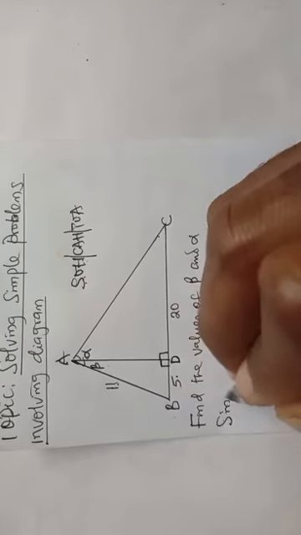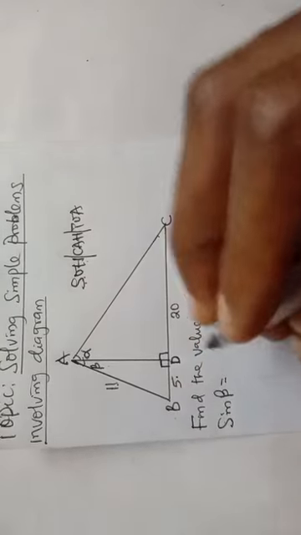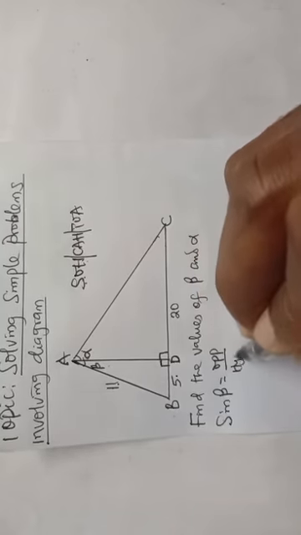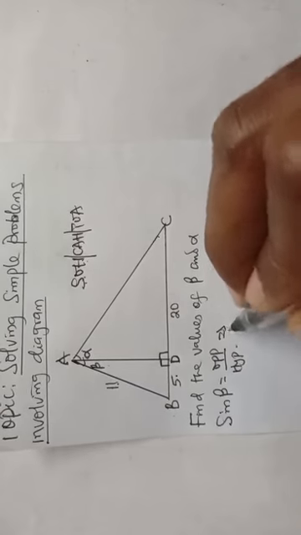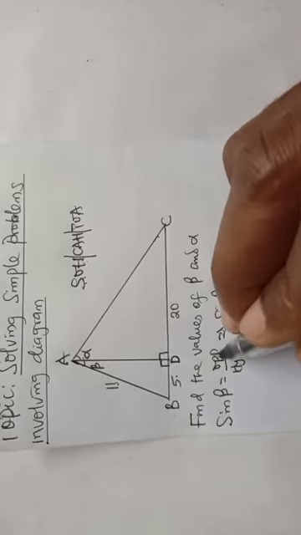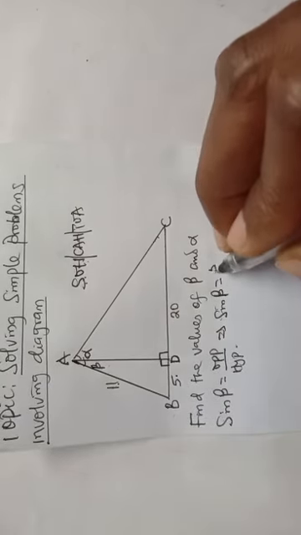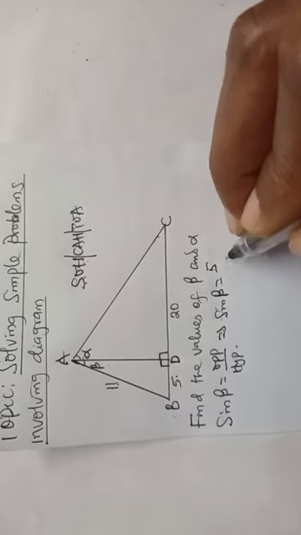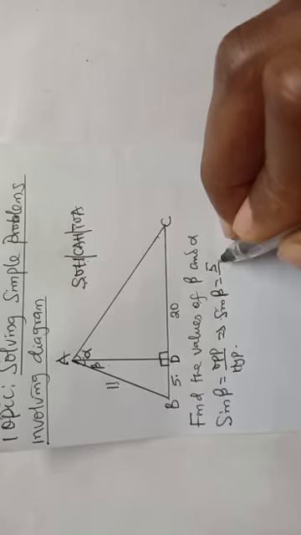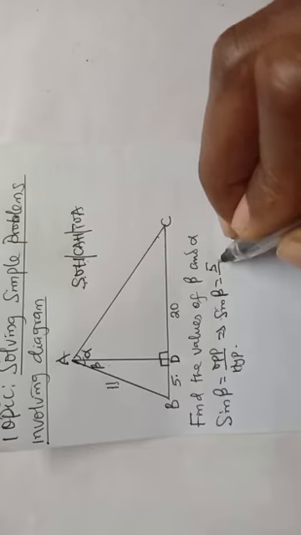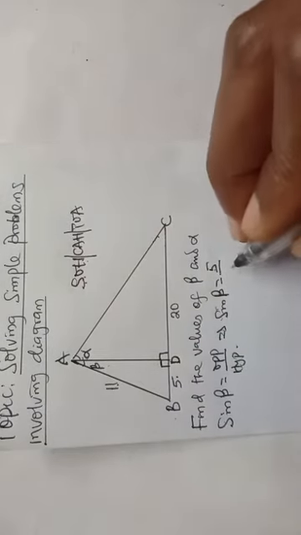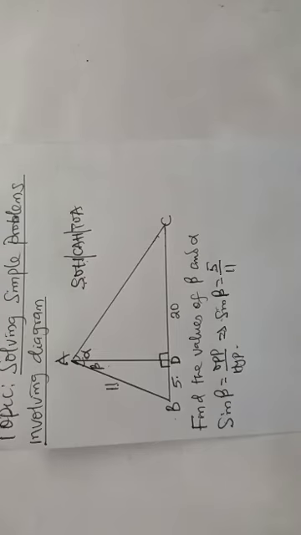Sine beta is equal to opposite over hypotenuse. This implies that sine beta is equal to, opposite here is 5, hypotenuse here is 11. Is that okay?